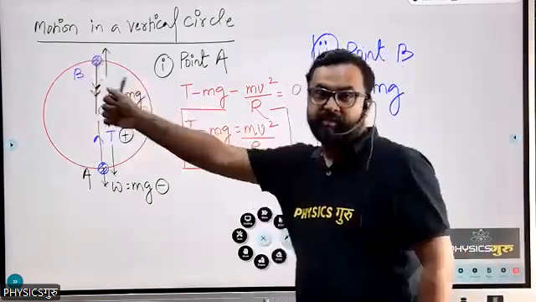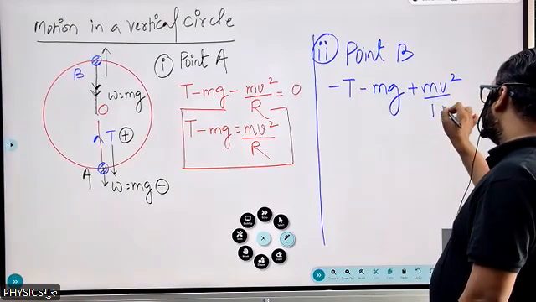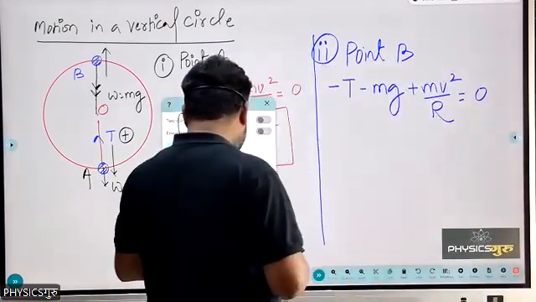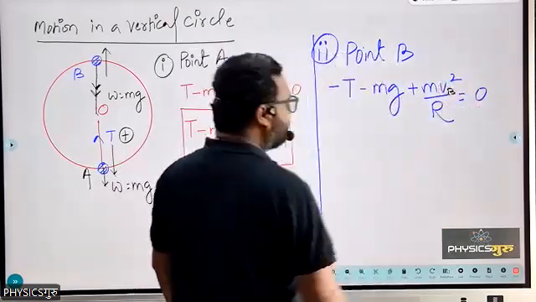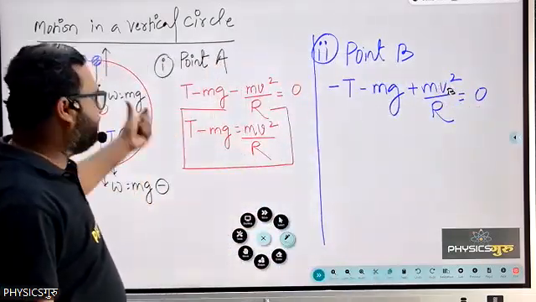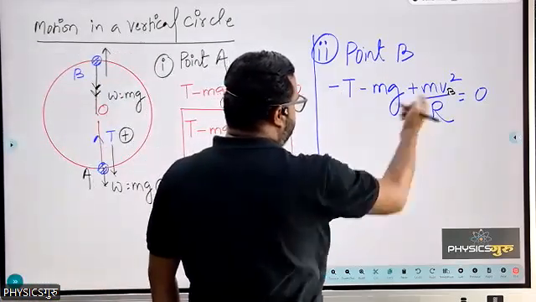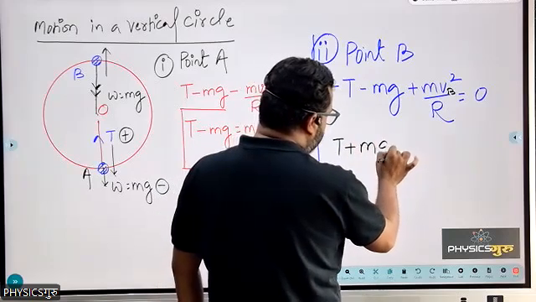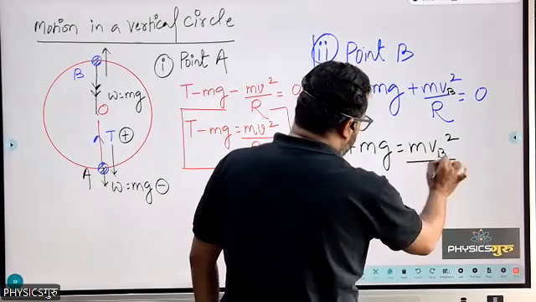Centrifugal force is acting upward, so mv square over r equals 0. I'm using a small suffix, mvb, where vb means velocity at position B. Now we can bring this term to the right hand side, and it will change its sign. So T plus mg is equal to mv square over r.